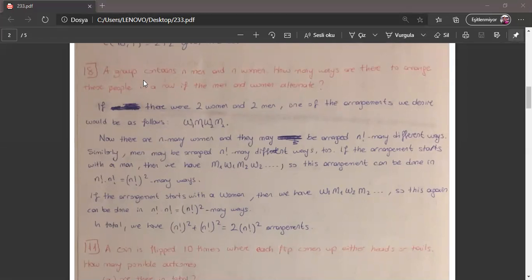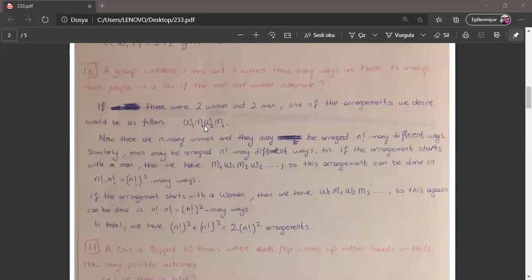Now we have a group which contains n many men and n women. Okay, now we want to find the number of arrangements such that in this row, men and women alternate. Okay, so if we see a woman, we see next to her a man.